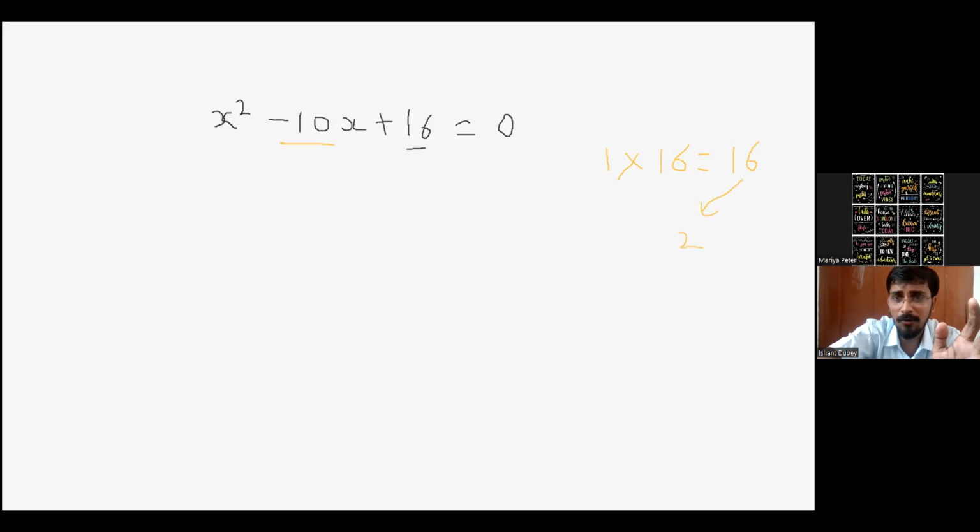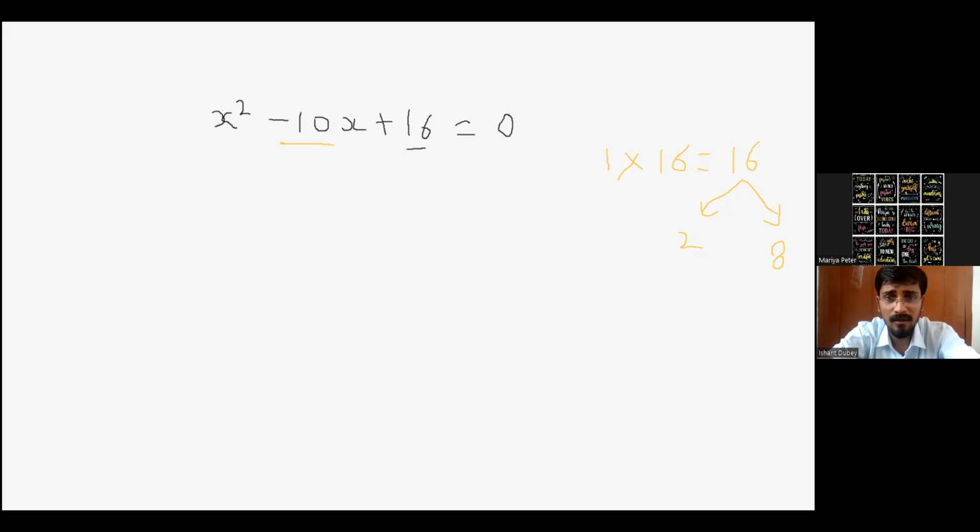If I multiply 2 times 8, how much will I get? 16, right? So you have to divide 16 in such a way that when you multiply, you get 16. Here it is actually plus 16, so you should get plus 16.